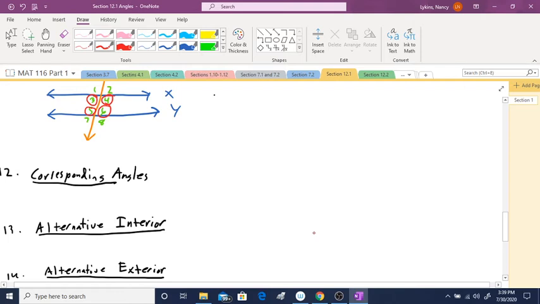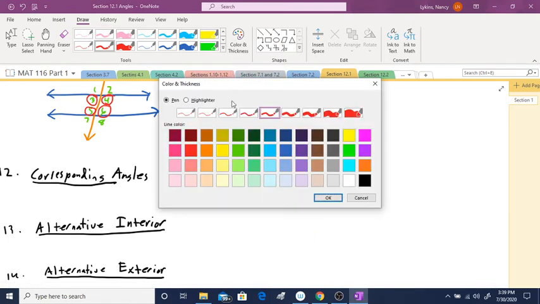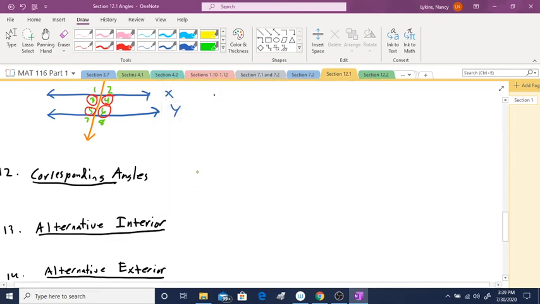So when you think of corresponding angles, you want to think of angles that are on the same side of the T or the transversal.